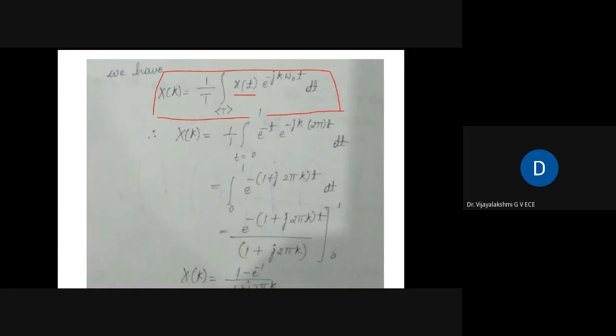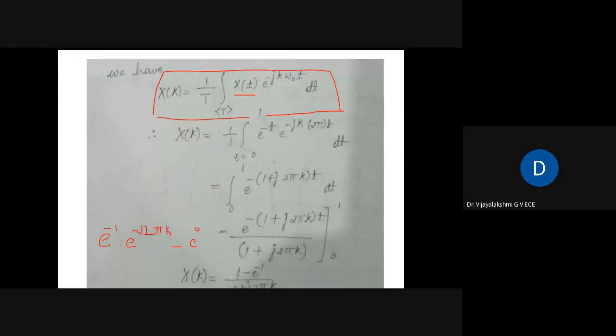When I apply the upper limit, I get, separating these two terms, e raised to minus 1 into e raised to minus j 2 pi k. Minus, when I apply the lower limit, that is 0, I get e raised to 0.